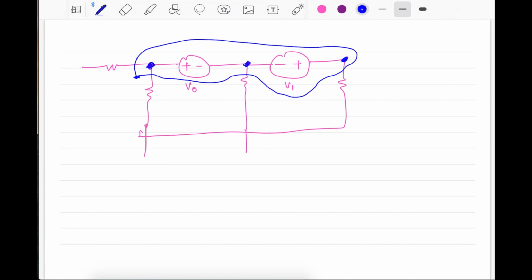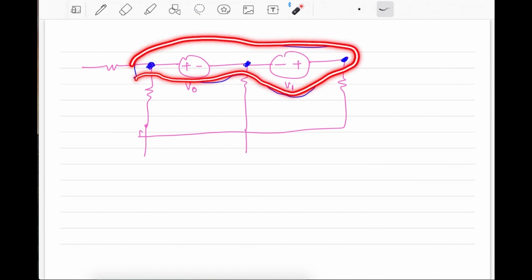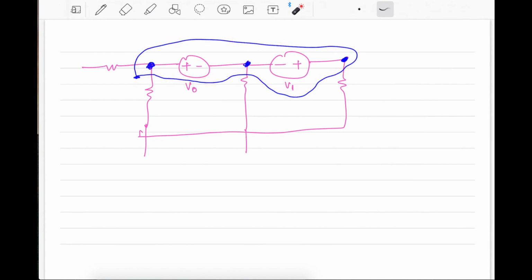And then you have to write a single equation for this, because as you can recall, for this Gaussian surface you can only write one equation, but now because you have three nodes you need three equations. So the first equation will come through this Gaussian surface, and the second equation will come from relating V1 and V2 by V0, and the third equation will be relating V2 and V3 by V1.